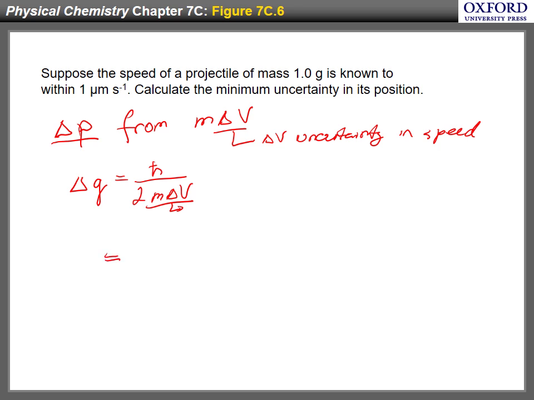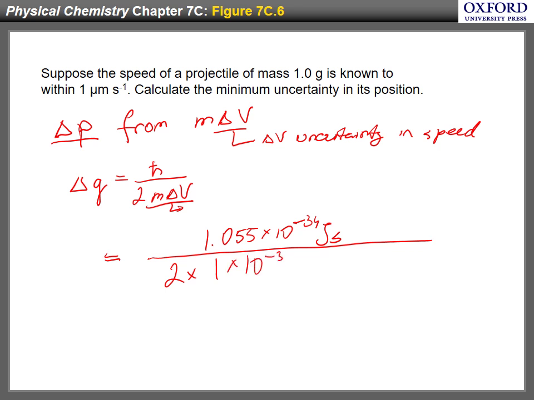So it basically equals to times 10 to the minus 34 joules, sorry. And divided by 2 times, we have 1 times 10 to the negative 3 kilograms times 10 to the minus 6 meters per second, which gives us an uncertainty of 5 times 10 to the minus 26 meters.